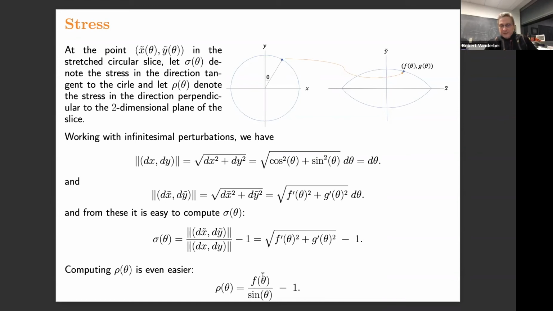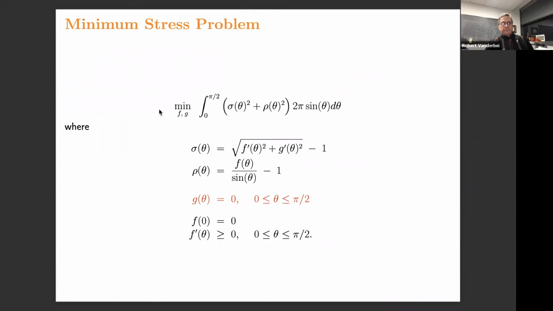The 2 pi's cancel. It's just f of theta divided by sine of theta. If that's equal to 1, then the stress is 0. So we have to subtract 1, just like we did up here. So that's the sigma of theta, and that's the rho of theta that will go into our integral to figure out the total stress integral, which is written here.